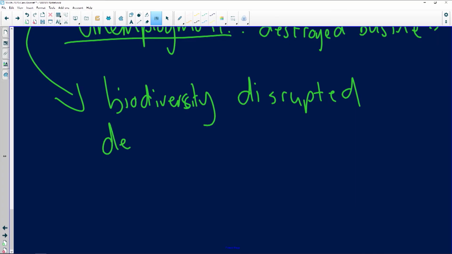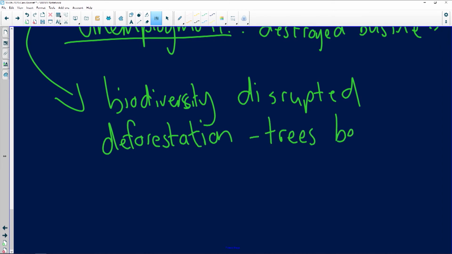We're talking about animal and plant species. Okay. Now, we can even talk about deforestation, because trees are being uprooted. Okay. So even trees being uprooted by these massive winds, strong winds.